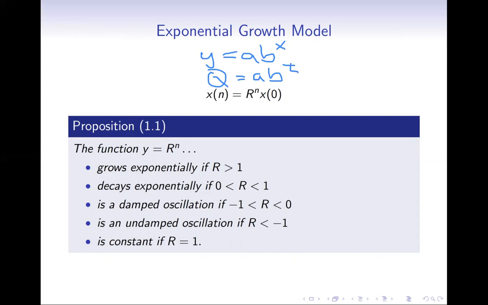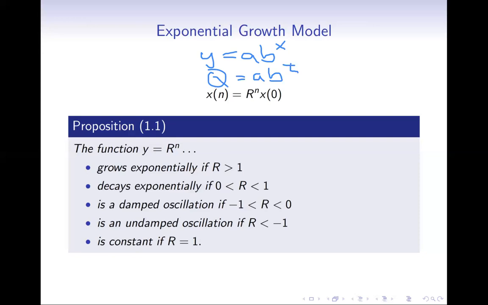In either case, I've got some quantity I'm interested in on the left-hand side, and on the right, I've got my initial value, which in the blue text is represented by the letter a. And then I have some factor that's applied a variable number of times. In this case, the factor is b, and it's applied either x times or t times, etc.